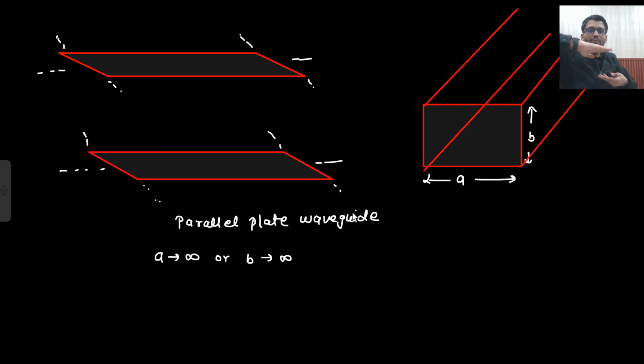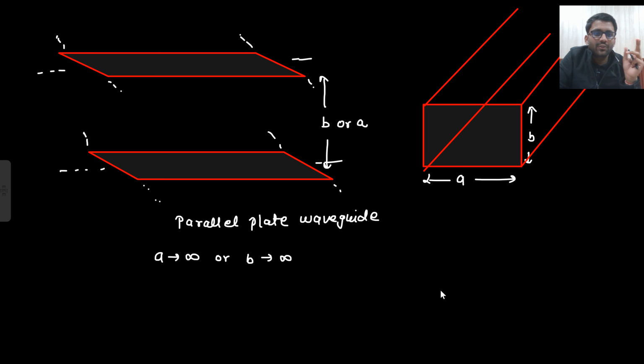From the upper side also till infinity, from here also infinity, but in between there is a separation. This separation you can call b as well. If you are calling this b, that means your a is infinity. And if you are calling this a, that means this length is infinity. Are you getting this point? Either a or b will be infinity. These are two parallel plates extended till infinity.